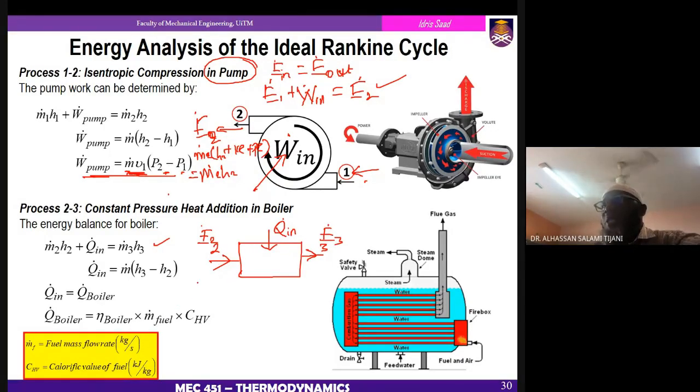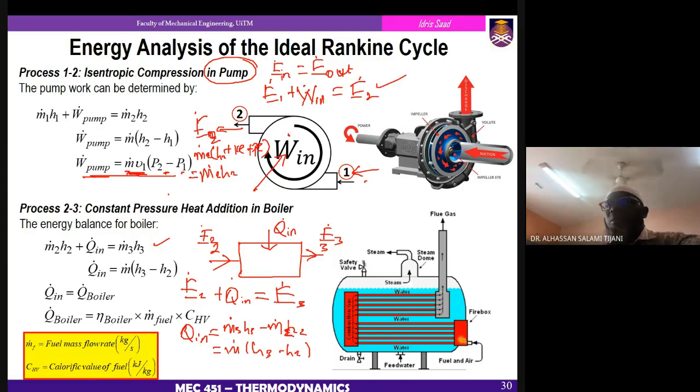So the total energy in, E2 plus Q in, equals E3. So Q in is given by M3 H3 minus M2 H2. Again, at steady state condition, we have M times H3 minus H2.